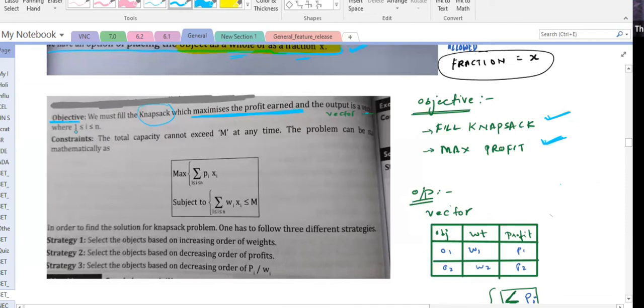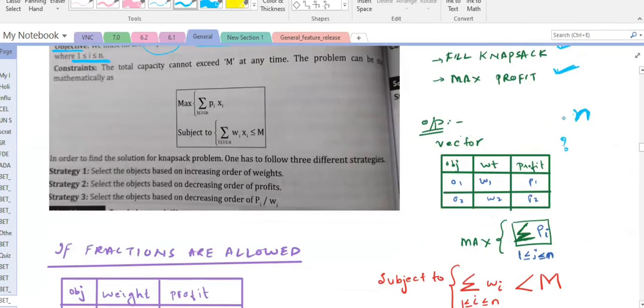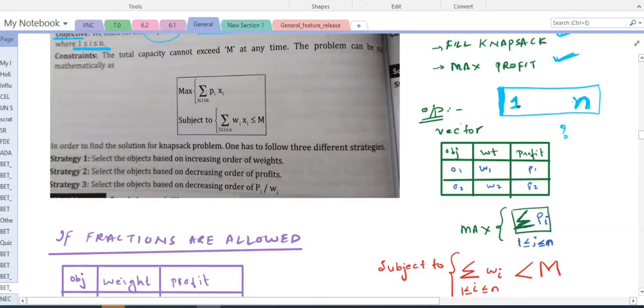Now, items in the vector. How many items will be there in the output? Can your output have more than n objects? No, ma'am. Okay, that is very clear. n is the max that you can have. What is the min that you can have? At least one you will have, no? Yes, ma'am.